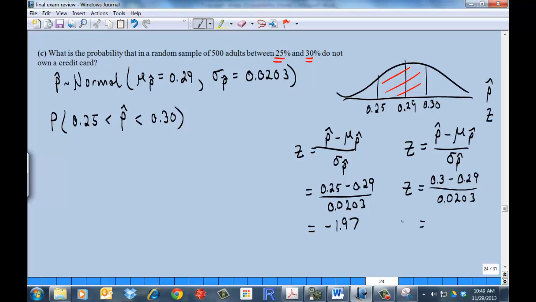So the z-score formula gives us a z-score of 0.49. So this becomes 0, this becomes 0.49, and minus 1.97. Again, remember, this means that 0.25 is 1.97 standard deviations below the mean. So let's convert p hat into z.